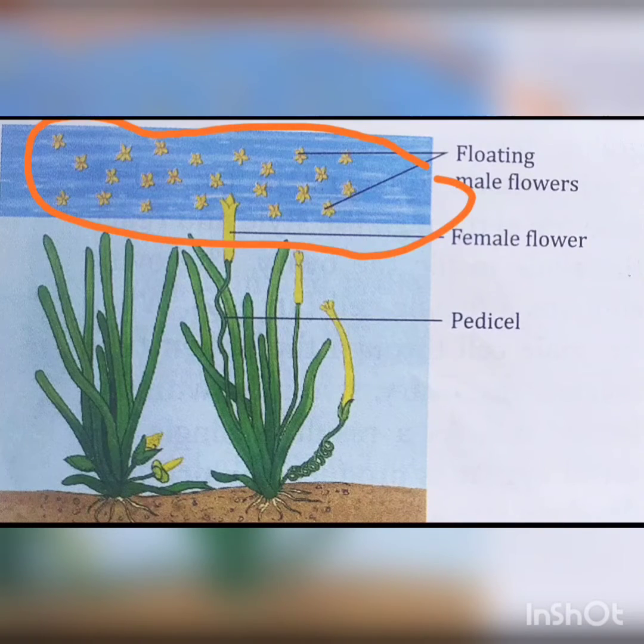The female flower that has a long stalk also floats on the surface of the water. When a male flower moving with the water current comes in contact with the female flower, the pollen grains fall on the stigma, thus leading to the pollination.